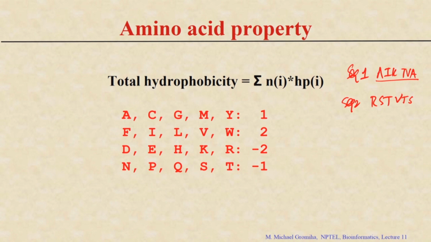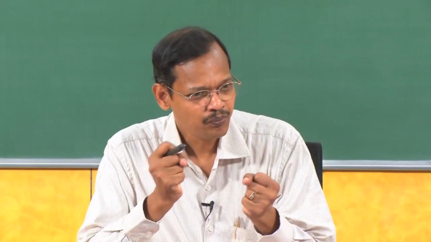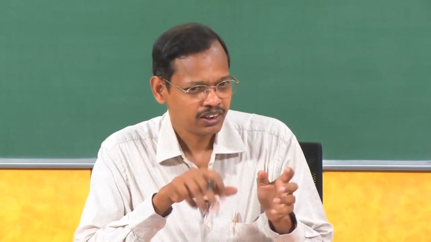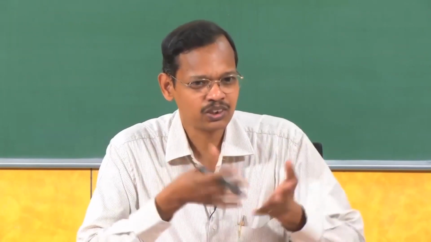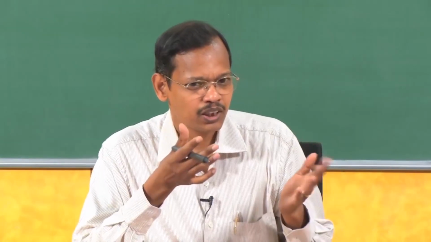Among the 20, polar residues have a high preference to form hydrogen bonds. Likewise, 20 residues have 20 values. How far are the residues flexible? Some residues are highly flexible, some residues are rigid. How many rotatable bonds can each residue have? Likewise, there are various properties for each amino acid residue.